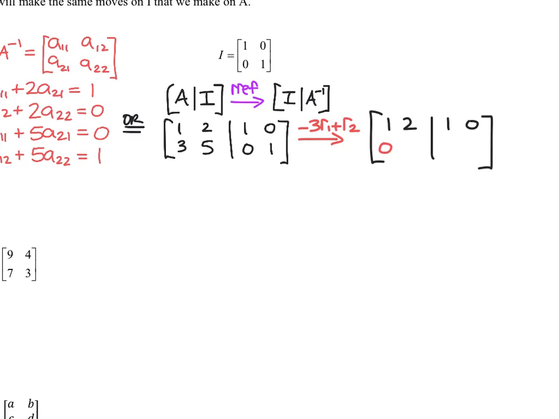But we're looking at 0. -6 plus 5 is -1. So -3. And then 1. Negate R2.